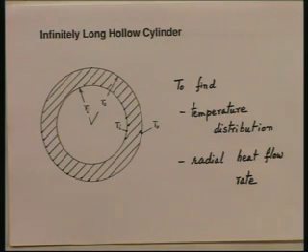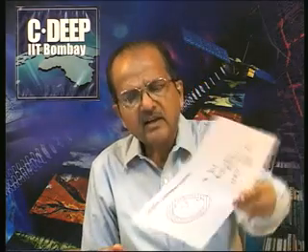The only change now is we have switched from a slab to a long hollow cylinder. So, we would like to find expressions for these, and we will proceed in more or less the same manner that we proceeded earlier for the slab, excepting that now we will be working with a one dimensional situation in cylindrical coordinates. So, what will we have? Again, if you argue it out, you can say it is a one dimensional situation.